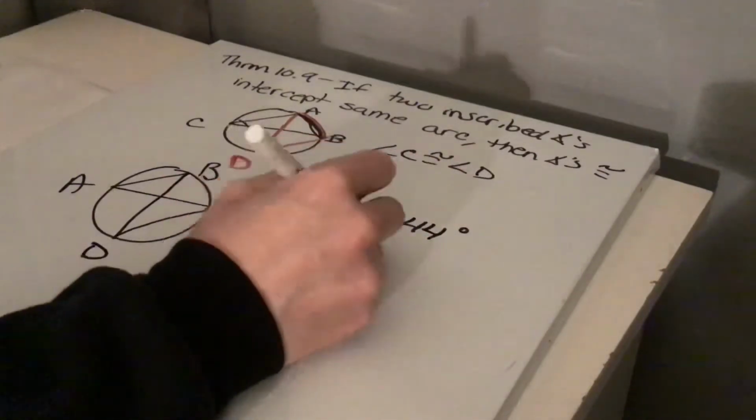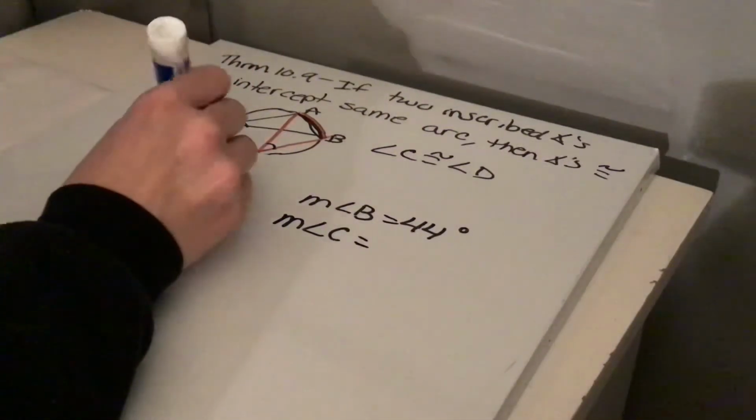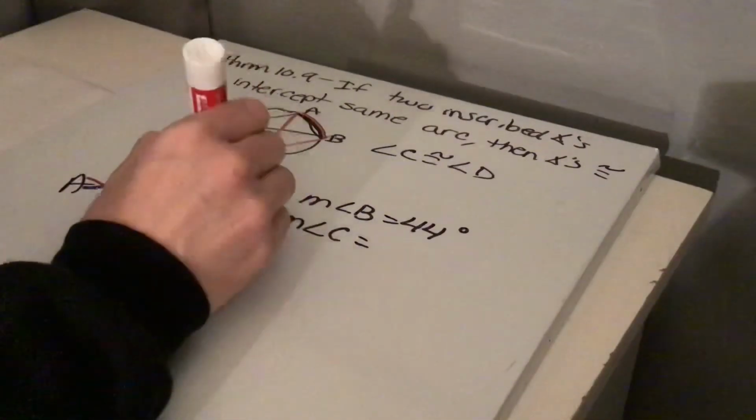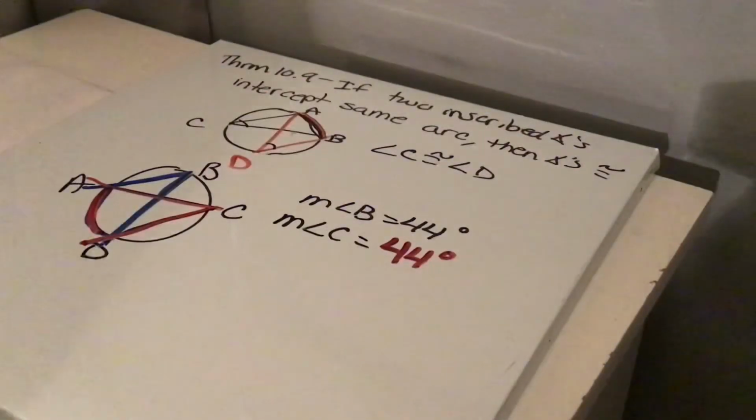We want to find the measure of angle C. Well, angle B is created right here, so it's intercepting arc AD, sorry. And angle C is here, intercepting the same arc, so these two angles have to be congruent. So they both equal 44 degrees. Okay?